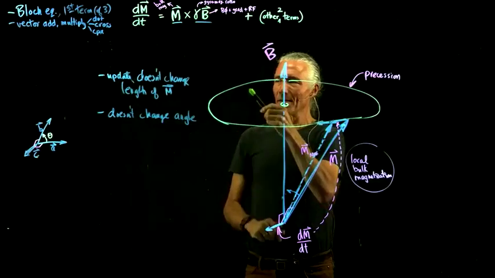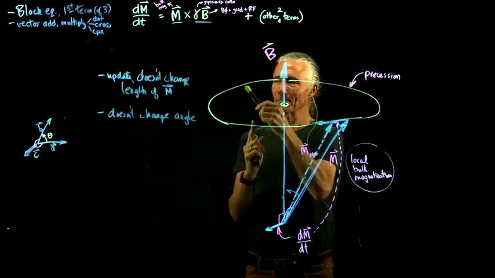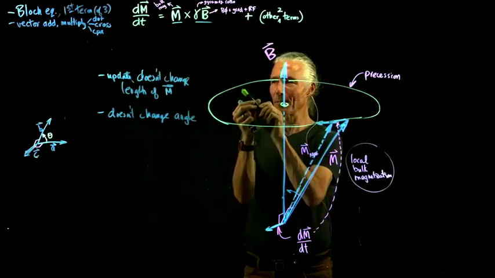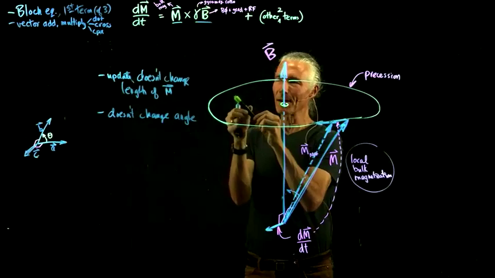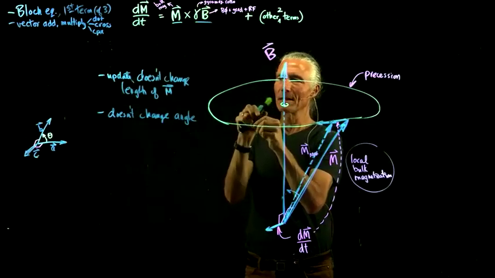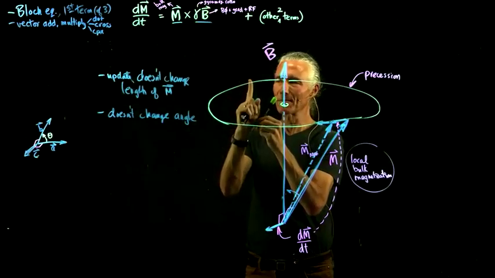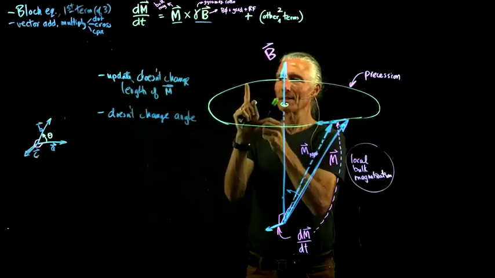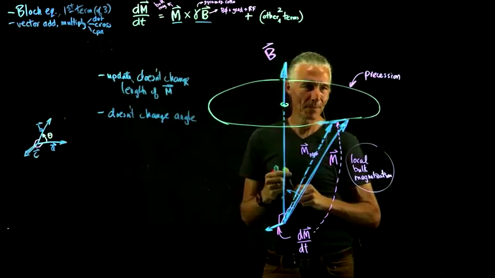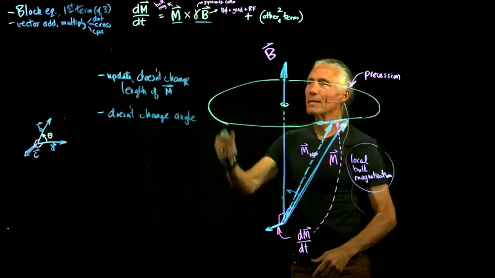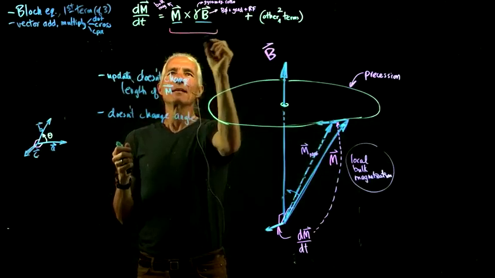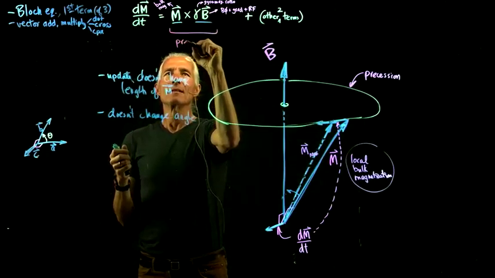But if you've got it at some angle relative to the gravity, 54.4 degrees for example, it'll just precess around and continue to precess around. It won't change its angle relative to the gravity or to the B0 field, and it won't change its length. It just keeps going around. So this is the equation that basically explains the precession.